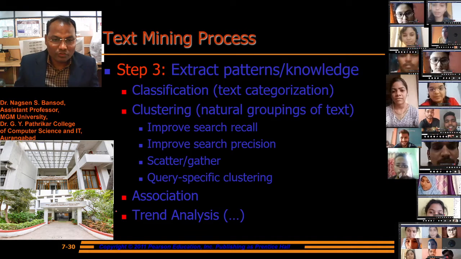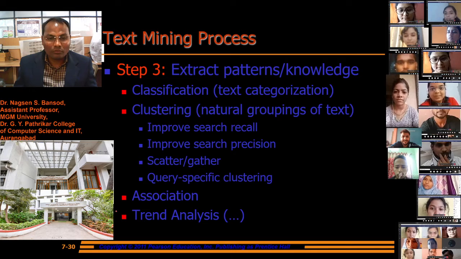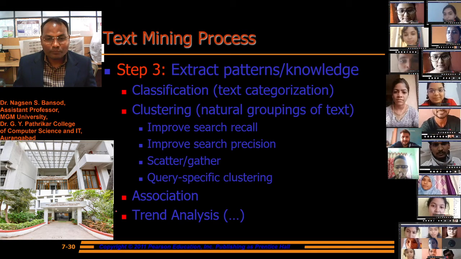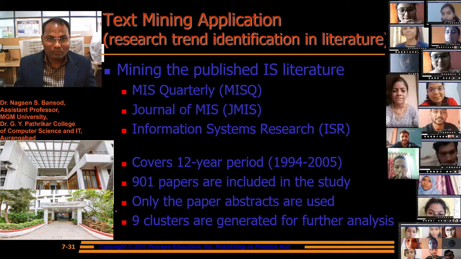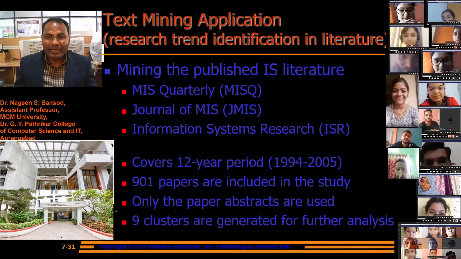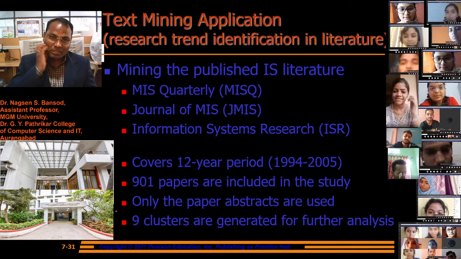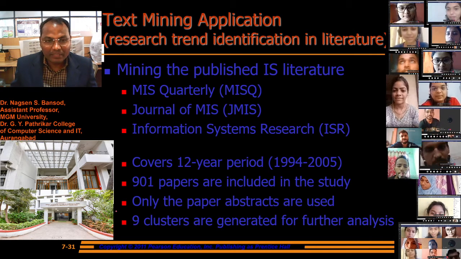Clustering we will use to improve search recall and precision, and next is the research trend identification in literature, text mining applications. We will see these applications in the next lecture.